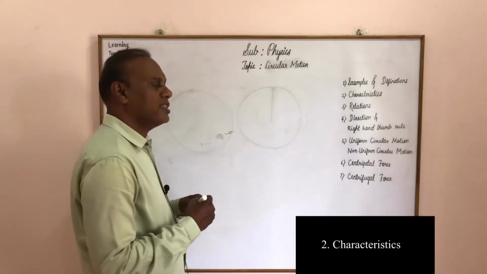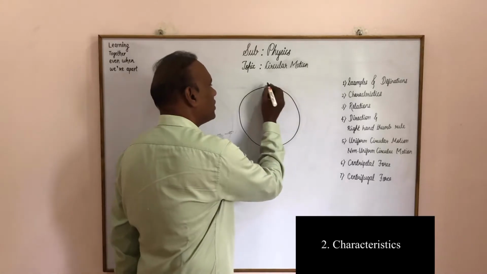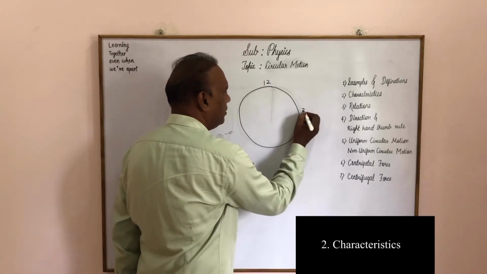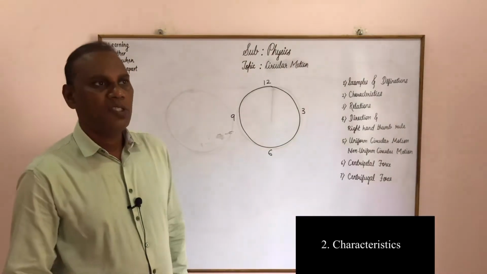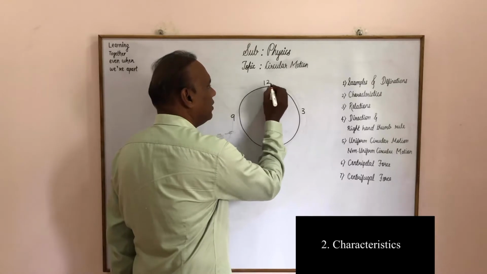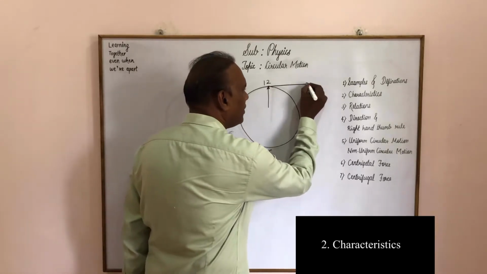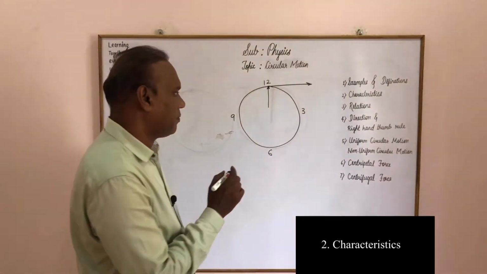Take an example of a clock with 4 positions, that is 12, 3, 6 and 9. Suppose the tip is at position 12, then the direction of tangential velocity for clockwise is like this.